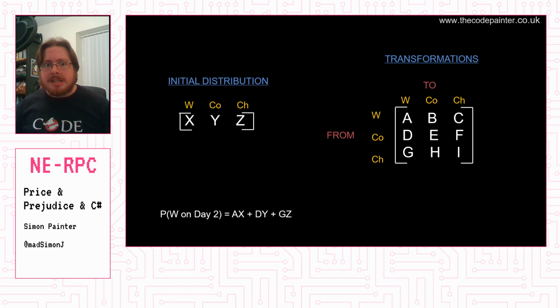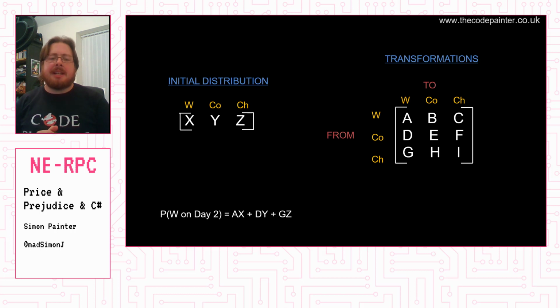So what does that mean? It means choose the probability that it would be Weetabix on day one, multiply that by the probability that Weetabix turns into Weetabix again, because that is the combination of circumstances I need to ensure Weetabix from Weetabix. So that would be x multiplied by a.